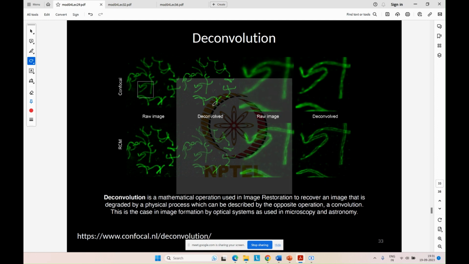Your light always spreads in a Gaussian fashion, right? So what deconvolution does is it takes into account this much and then plots this much into your image, and it ignores the spread of the light, the sides of the image, in very layman terms.